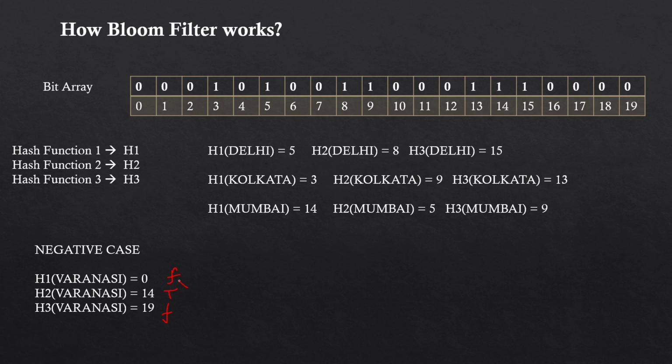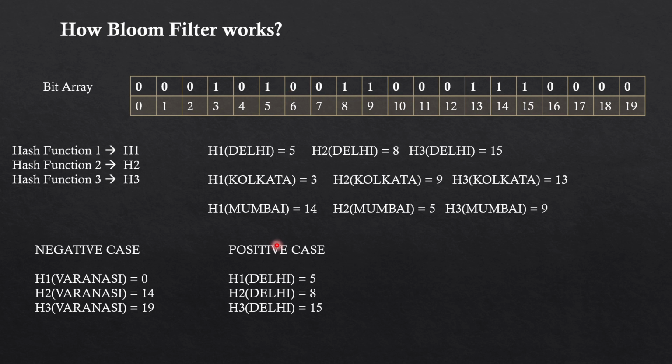So when we AND all these, the output will be false, which means that Varanasi is not present in our list. So let me just clear it off, and we have the laser pointer back. What this means is that Varanasi is not present in the list, which is the negative case, and it tells us perfectly that Varanasi is not present in this particular list.